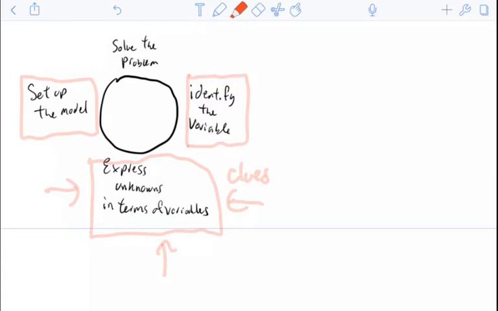So you identify the variable, you write out the expressions in terms of this variable, and then you use what's given about these clues to describe the situation, describe the overall relationship between things. Doing so is equivalent to setting up a single equation in terms of the variable that we started with.